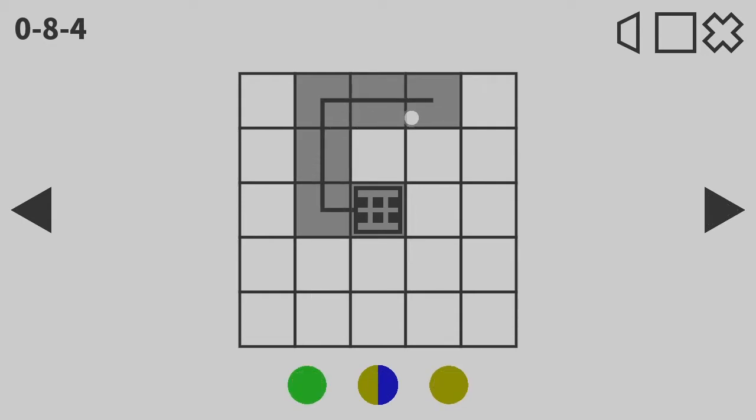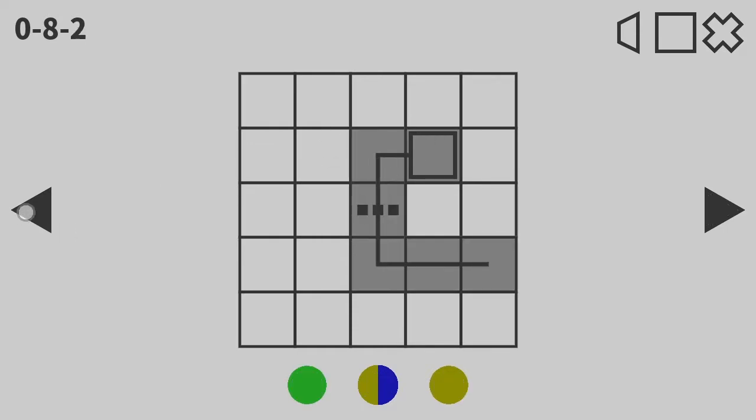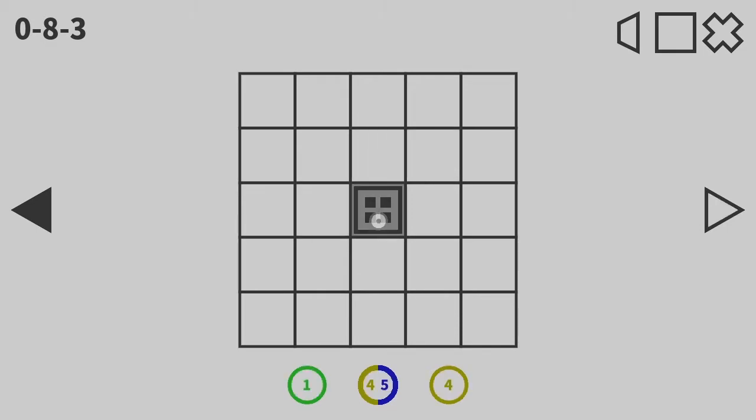How do I make you fail again? It was actually really hard to, wasn't it? It's also really hard to get you to fail, to be honest. It's not hard to get you to fail if I do 8.